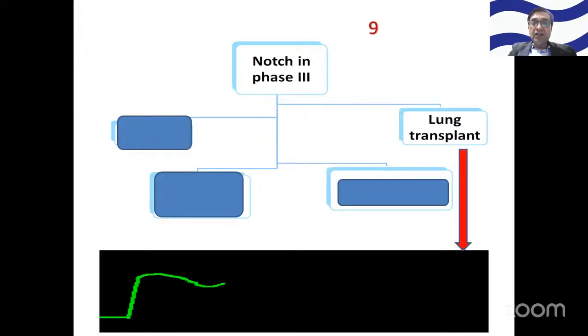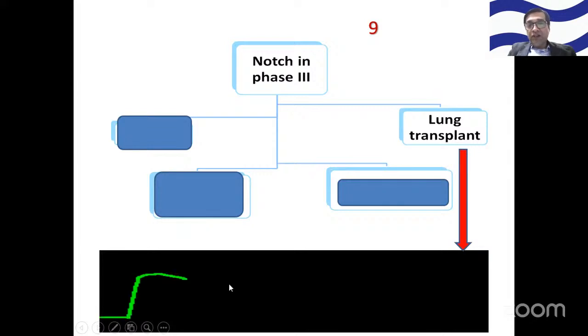In lung transplant, what will happen? Both lungs are now normal, because let's say one lung is transplanted and the other lung is normal, right? But the problem is that again one lung is from the donor and one lung is from the patient himself, so again the timing of the alveoli will be different. But since both lungs are normal, you will have a notch quite in the middle, or in the little early part of phase three, and that will be unique and constant.